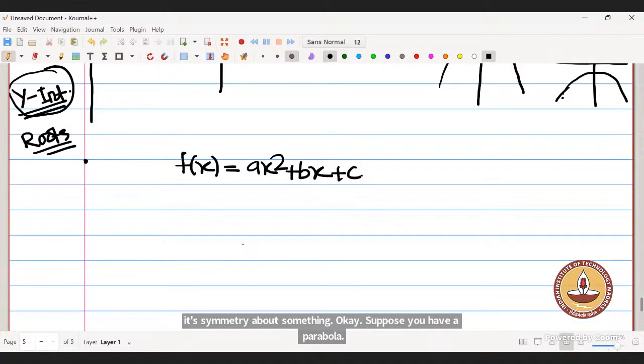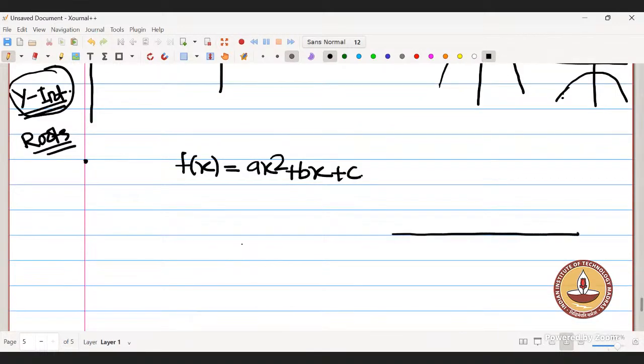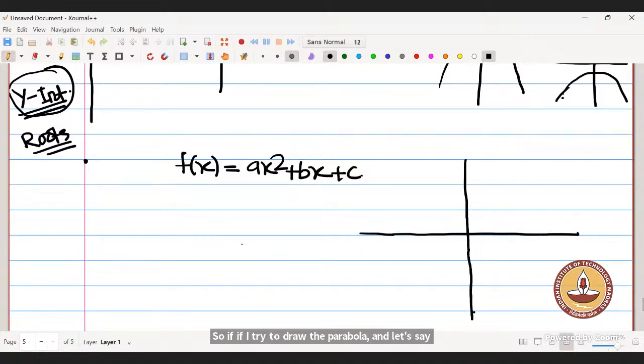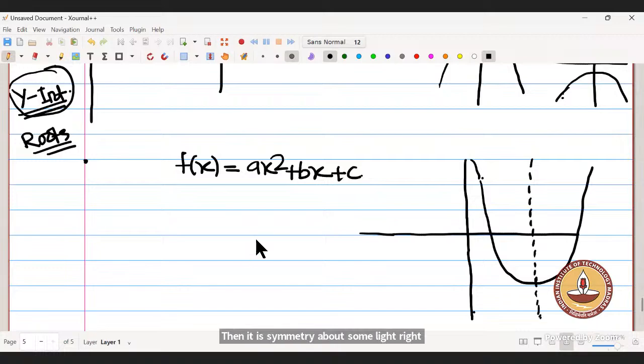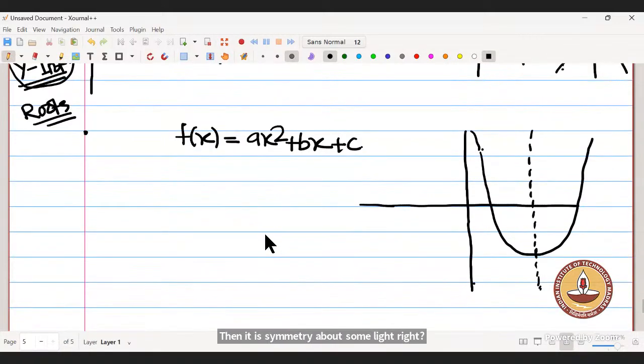If I try to draw the parabola, and let's say A is positive, then it is symmetric about some line, right? And this is called the axis of symmetry, right?